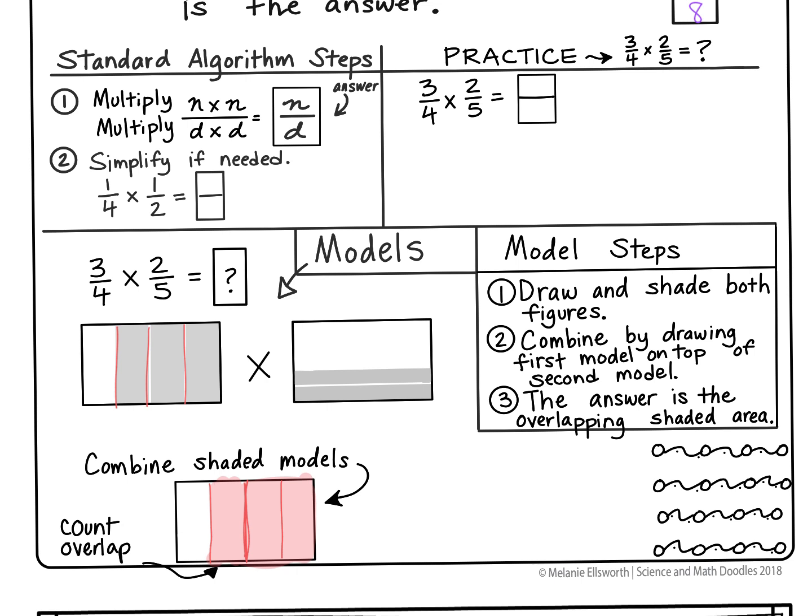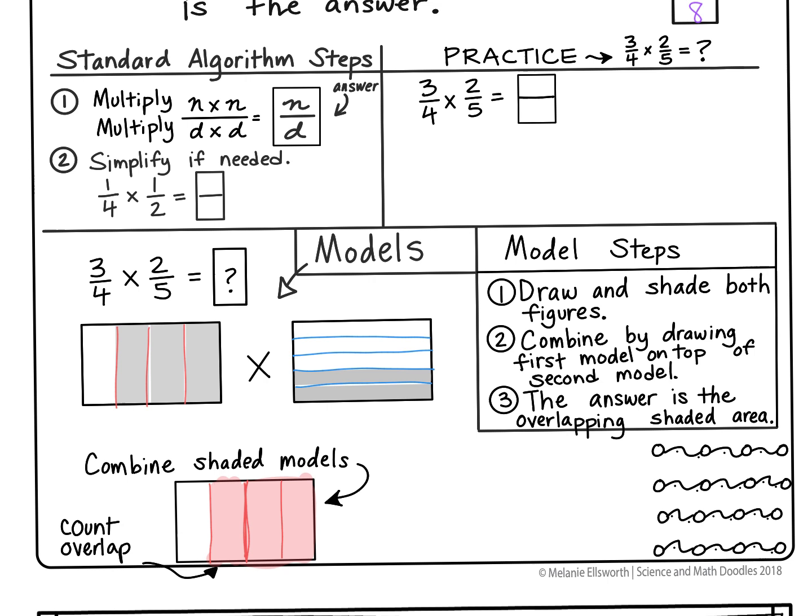Okay, so I'm taking my 3/4, but of that 3/4, I only need 2/5. So I'm going to choose a different color. If you want to use your red pen just so you have 2 different colors, that's fine. Or you can shade differently. You can use lines and you can draw lines horizontally. We're going to do some practice in a minute where I'll show you how you can just use your pencil. Okay, how did they break this one up into 5ths? If I were to continue that one, I would have 5 pieces.